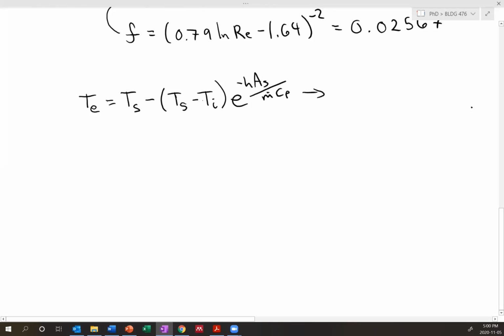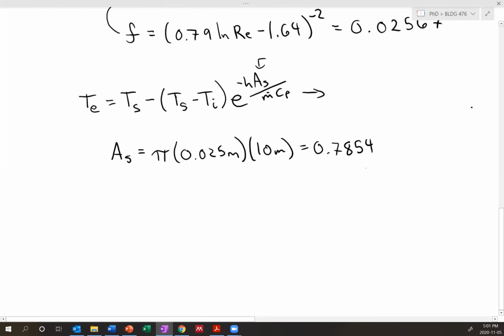All right, and if we solve this, we know our surface area, which we can calculate using this.